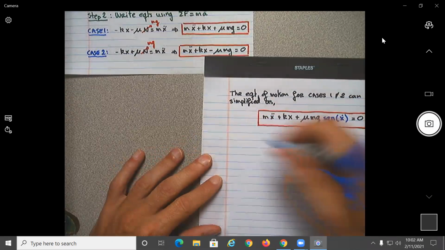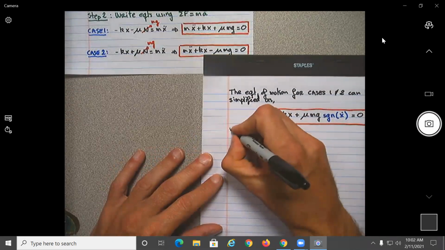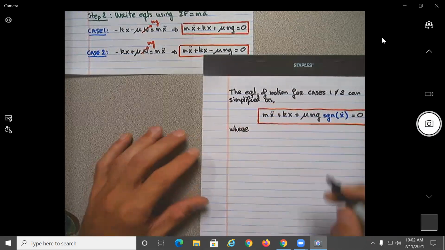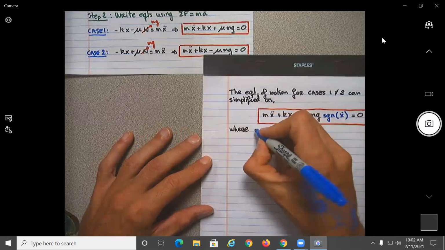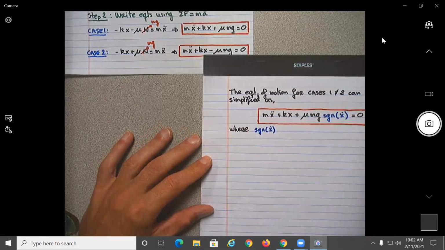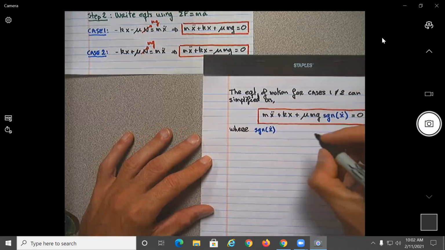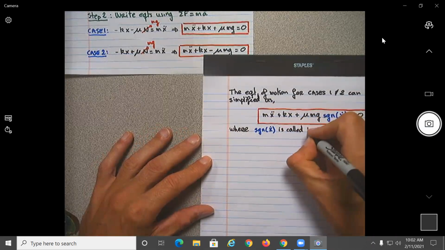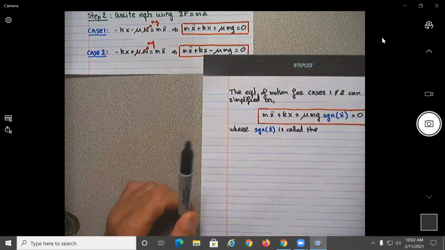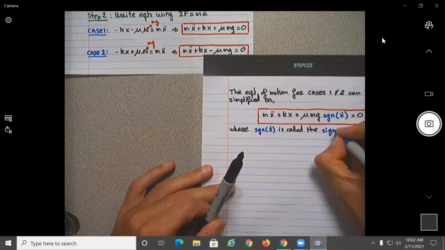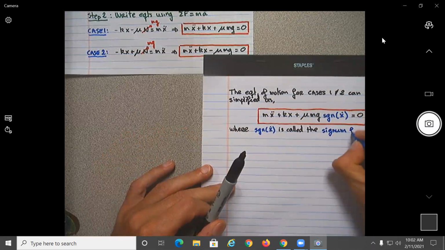All right, where SGN of x dot is called the signum or the sign function, okay?